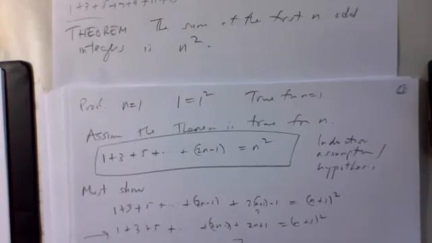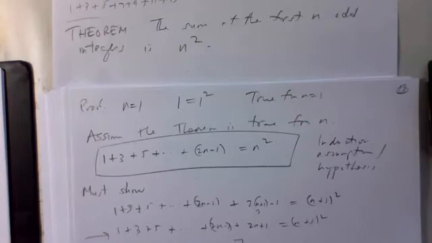And they teach you in elementary school or somewhere that n squared plus 2n plus 1 is n plus 1 squared. So I just proved that if the theorem is true for the integer n, it's also true for the integer n plus 1. So we're done. That's the end of the proof.